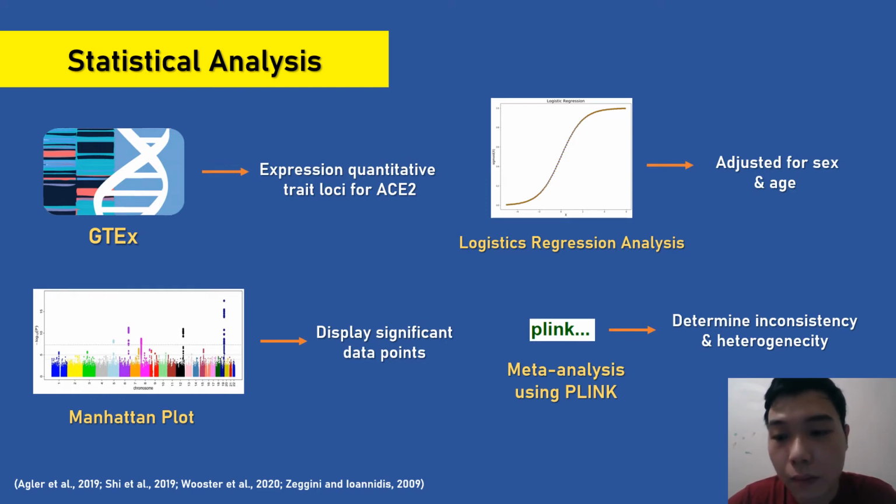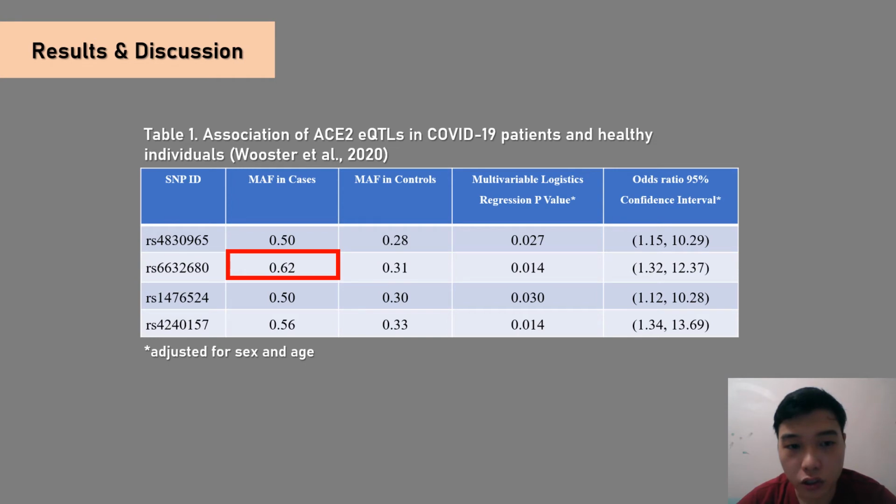Lastly, the Plink platform will be used to conduct a meta-analysis to determine the inconsistency or heterogeneity of the association across multiple GWAS. As we can see from Table 1, the association of ACE2 eQTLs in COVID-19 patients and healthy individuals.